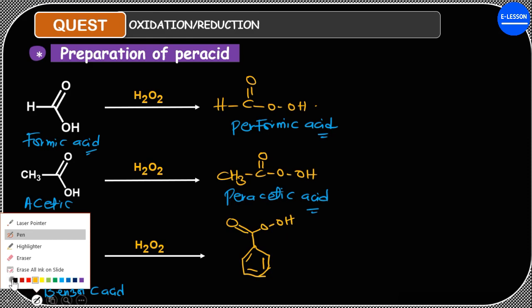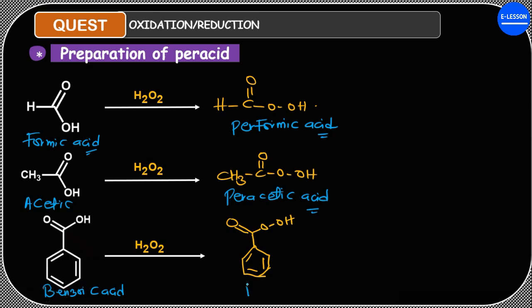This is what I call the perbenzoic acid, right? So we can say that these peracids that react with alkenes to form epoxide, they are gotten from the corresponding acid.